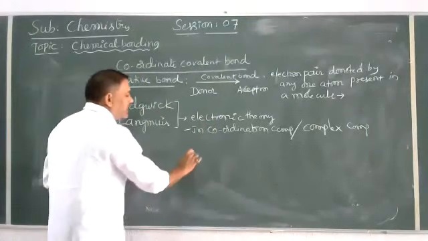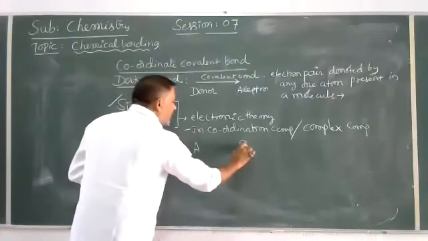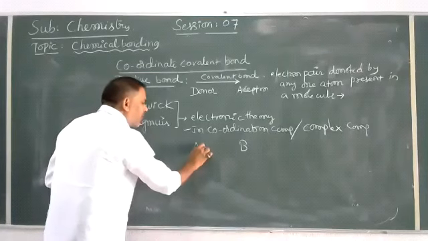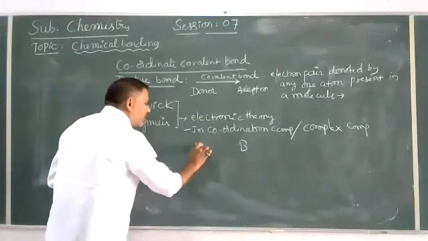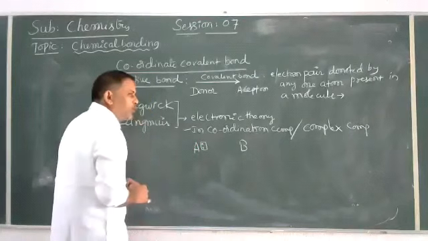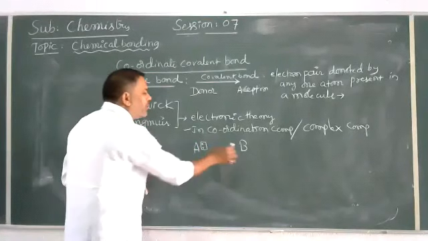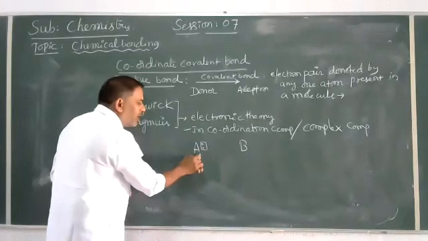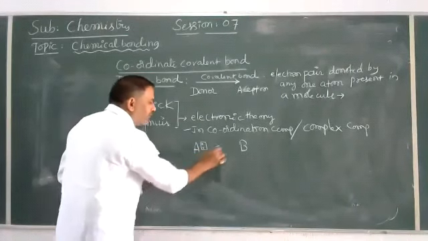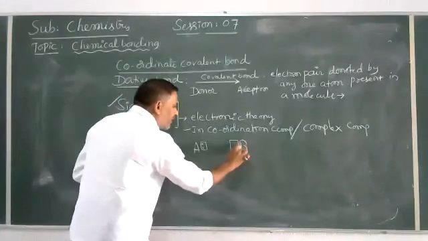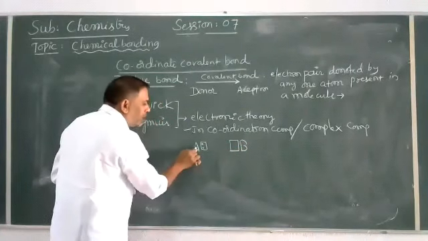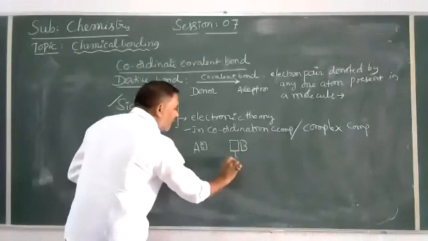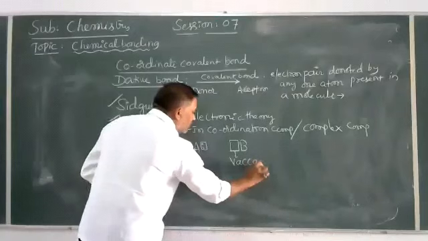For example, AB is a molecule. In this AB molecule, atom A contains one extra lone pair, which is ready to donate an electron pair to atom B so that B gets the octet electronic configuration. To accept the pair of electrons from A, atom B must contain at least one vacant orbital.